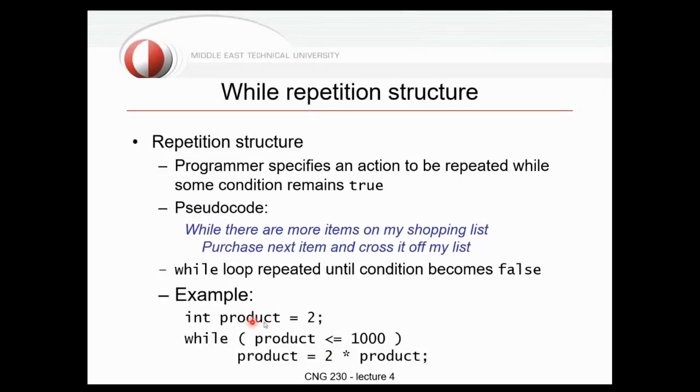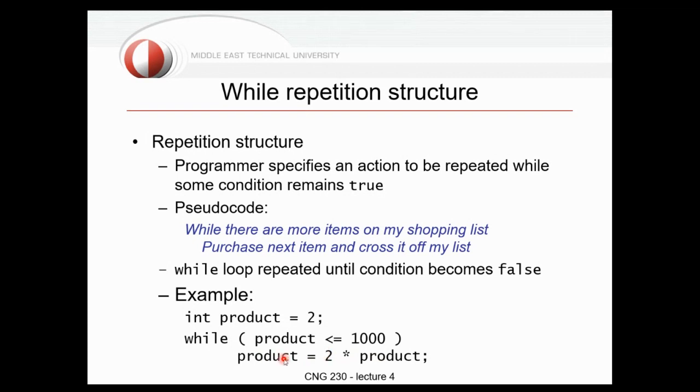So let's see what's happening here. First, we assign the value 2 to product as an integer, and we check whether product is less than or equal to 1,000 or not. Yes, 2 is less than 1,000, so this condition holds, and we execute this part. So product is equal to 2 times product.